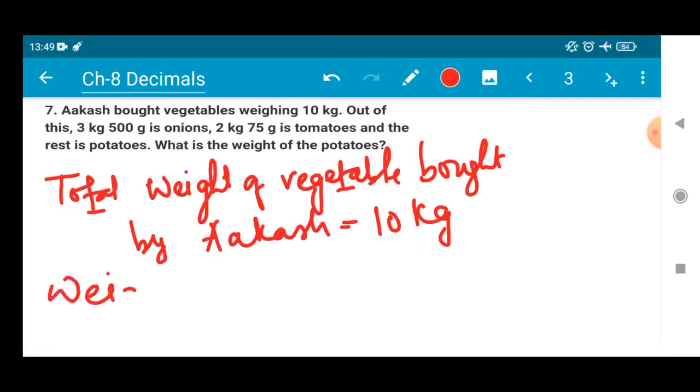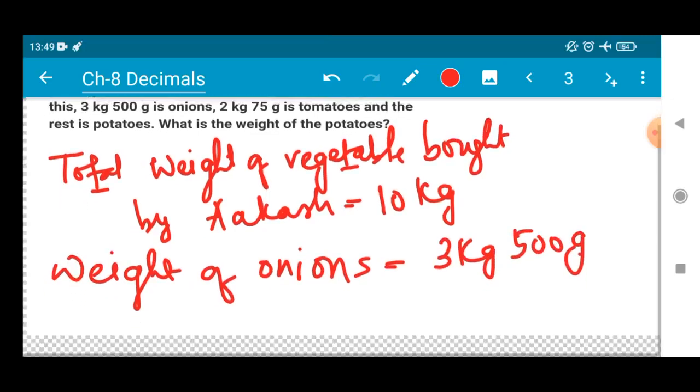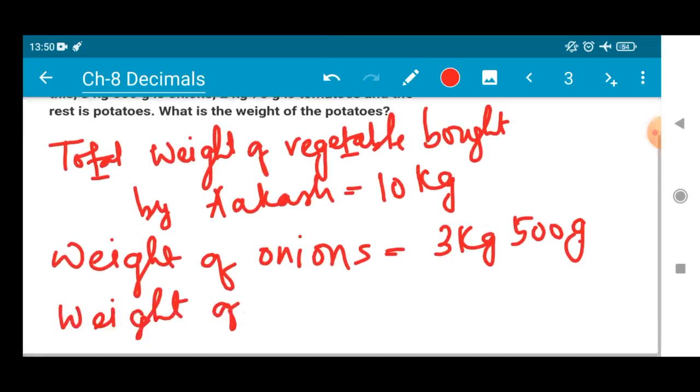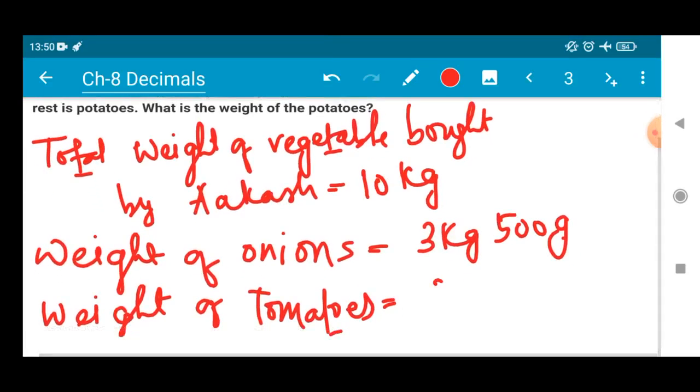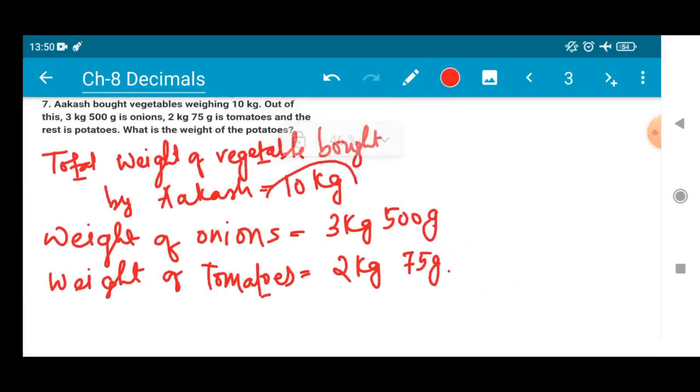So weight of onion is equal to 3 kg 500 gram, and weight of tomatoes is 2 kg 75 gram. So this is the total weight, 10 kg, and out of which 3 kg 500 gram and 2 kg 75 gram are the weight of onion and tomatoes respectively.